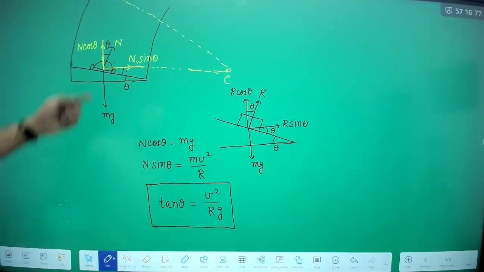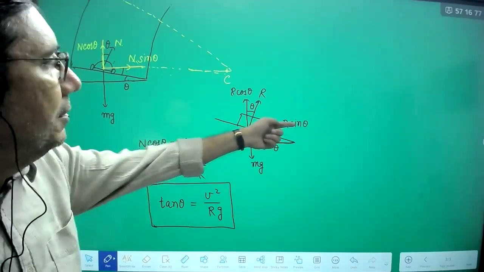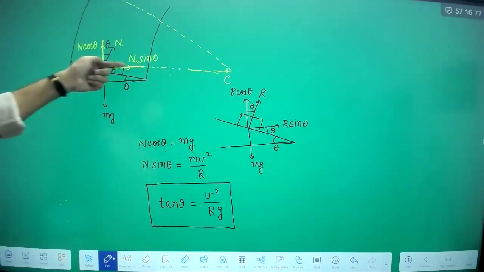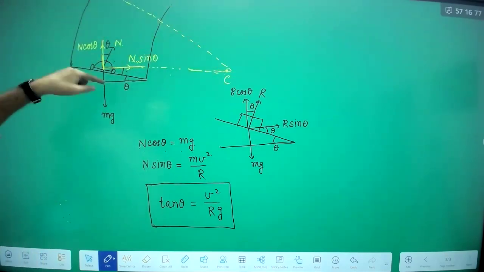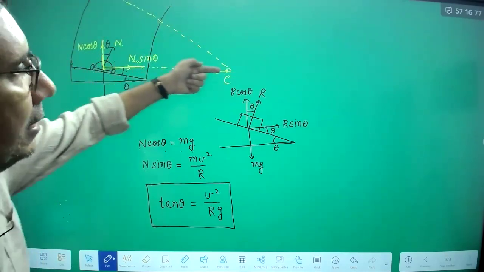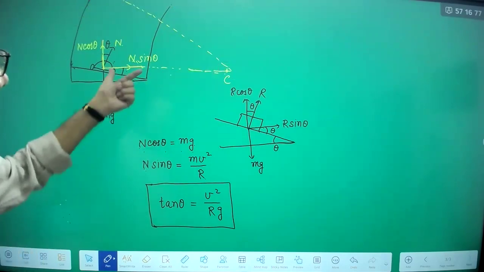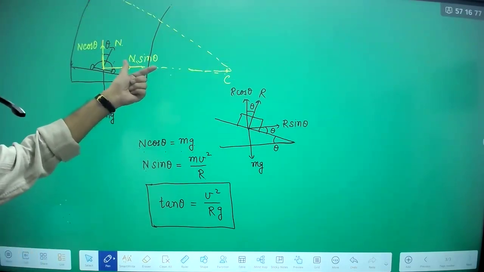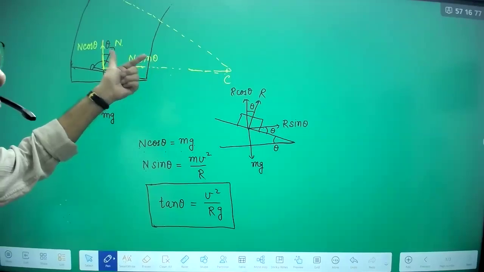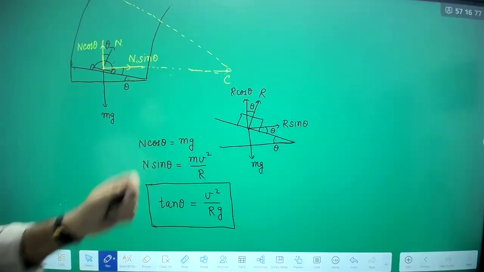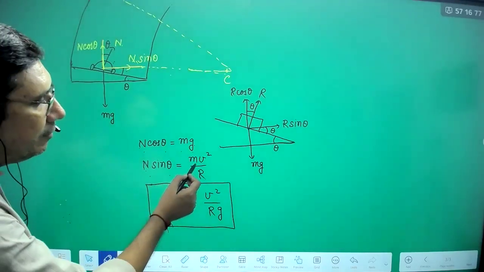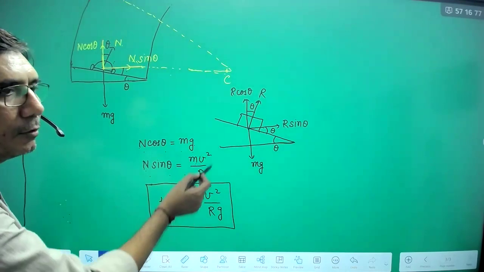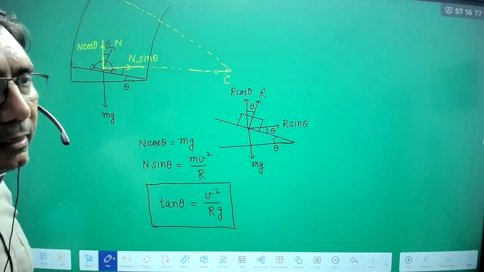And this component is acting toward the center. Throughout this circular path, this component will be in the direction of the center. So it has all the requirements, okay? It fulfills all the requirements to act as a source of centripetal force. So this N sin theta will behave as mv square upon r, the source of the centripetal force.